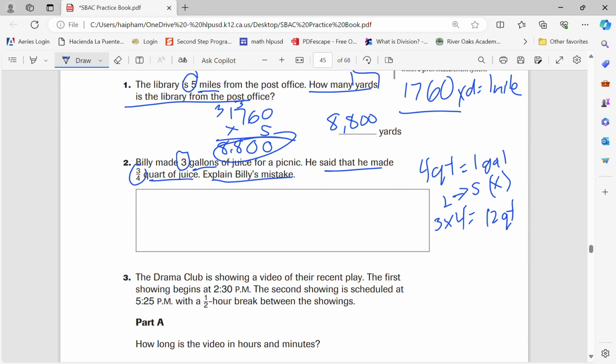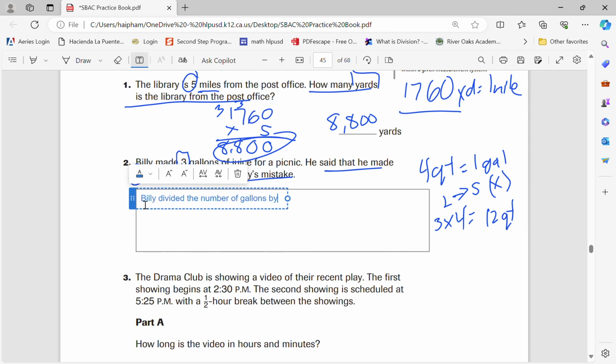So let's go ahead and explain that. In the box, we are going to say Billy divided the number of gallons by 4 to convert to quarts, which was his mistake.